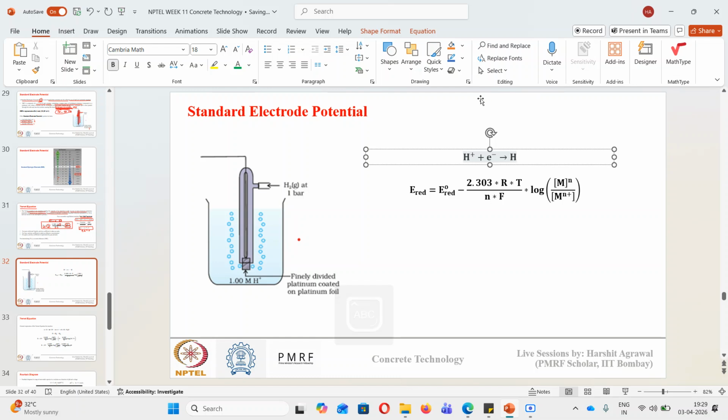Okay, so if I write the Nernst equation for this hydrogen gas, it is converting into hydrogen gas, so half mole of H2.